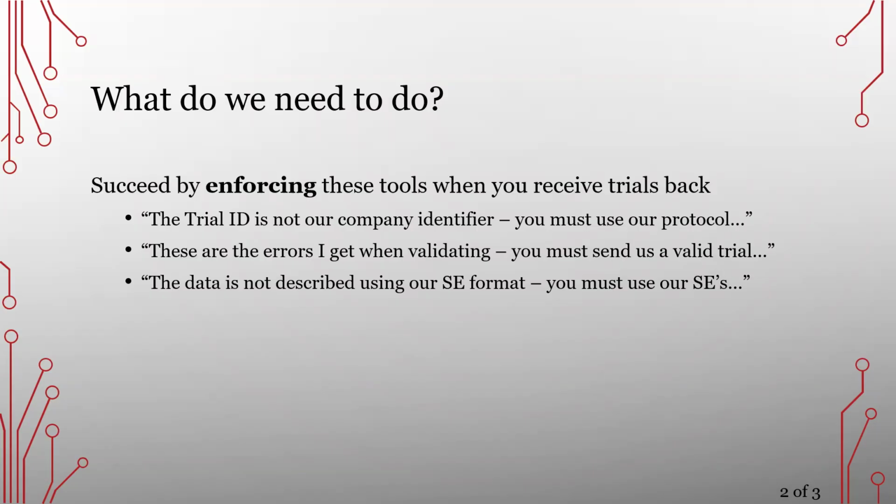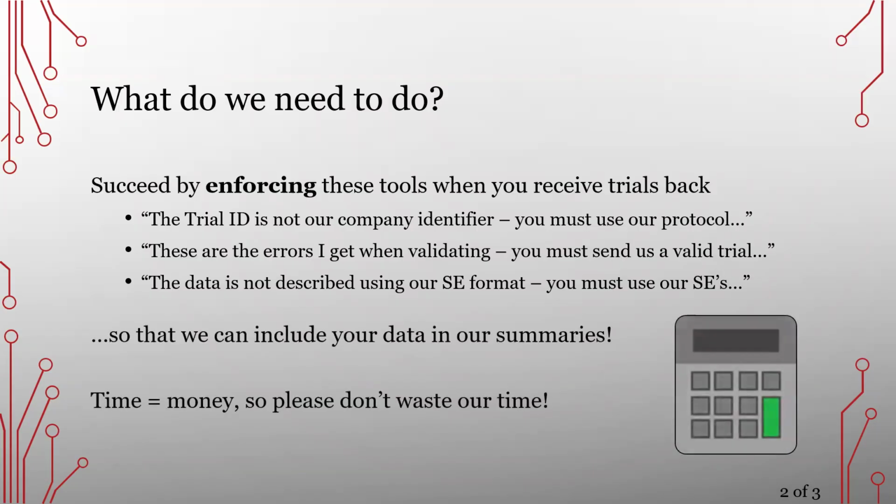So, the approach I recommend when responding to any pushback that the trialists try to give with these functions, these things that you would add to your protocol, is to count up the time it takes to process a trial that is not conforming to these requirements, that's not using these functions.